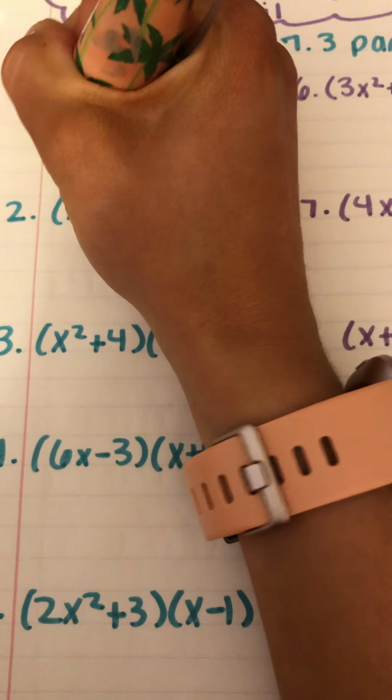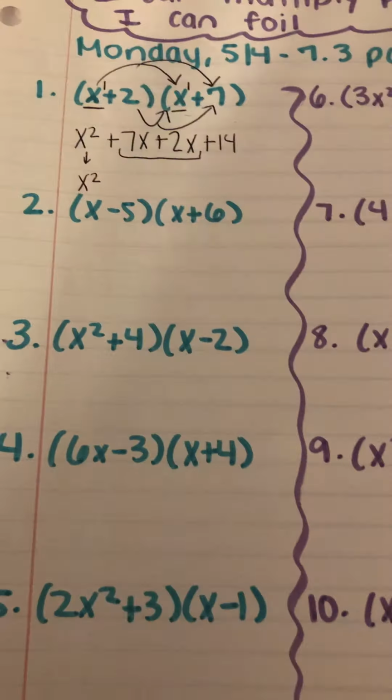So I'm going to bring my x squared down. And 7x's plus 2x's is going to give me 9x's. And that 14 is not going to combine with anything, so that's just going to get brought down as well. And I have positive 14. So that is my answer for number 1. You can go ahead and circle it or leave it, whatever helps you.